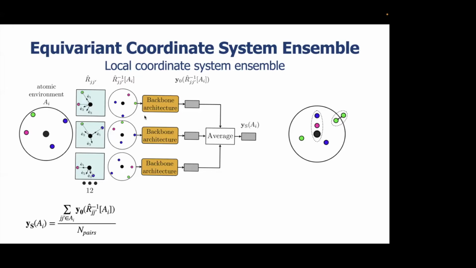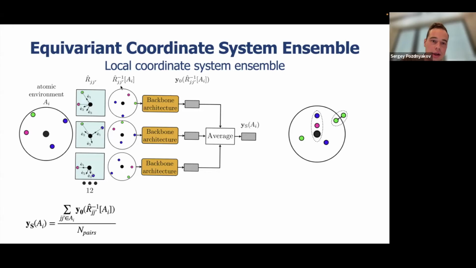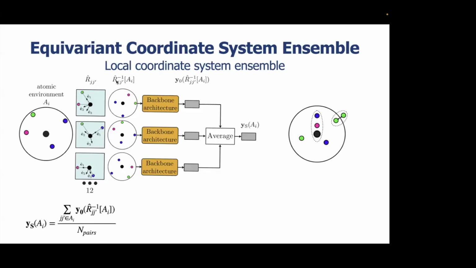Wait, are you asking what R is here? Yeah, I asked if R includes not only rotation but also translation, because how I understand it, this is basically a conjugation, right? So we go from one coordinate system to the other local coordinate system and then back.